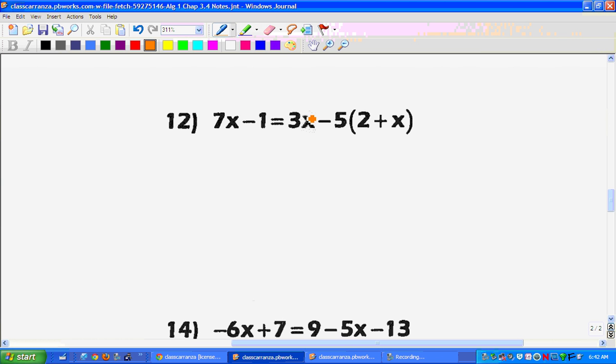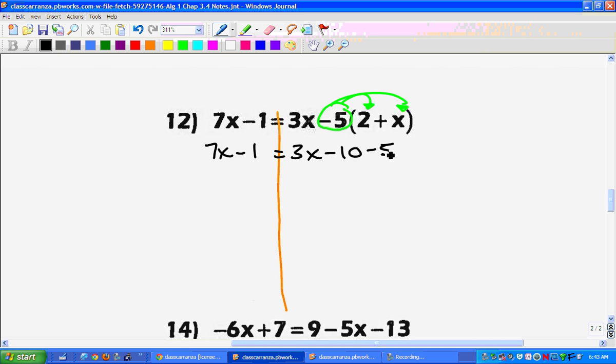Let's look at another one. Okay, there's nothing on the left side to do. Now, what we're distributing here is this negative 5. So let's rewrite the left side. 3x. Negative 5 times 2 is negative 10. And then negative 5 times x gives us negative 5x. Combine your like terms.